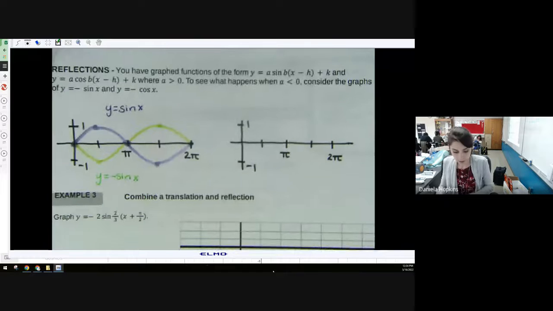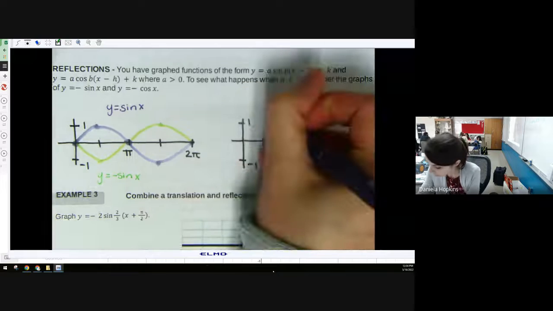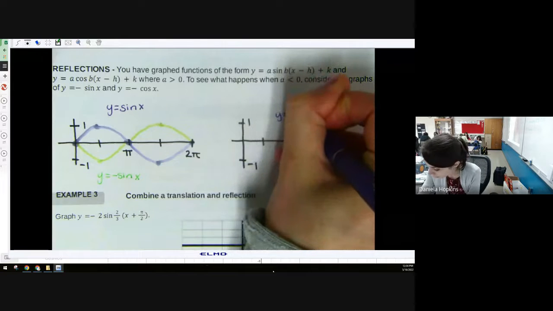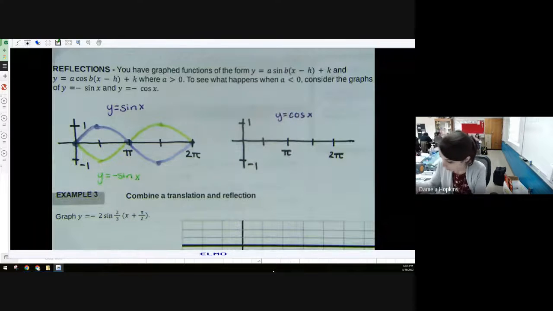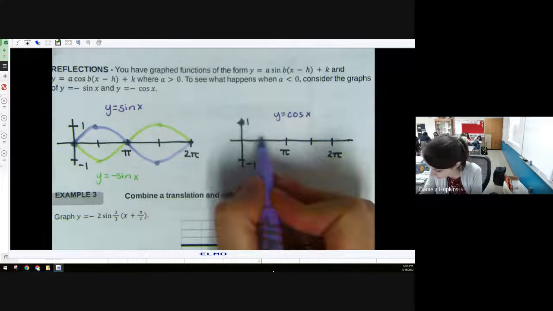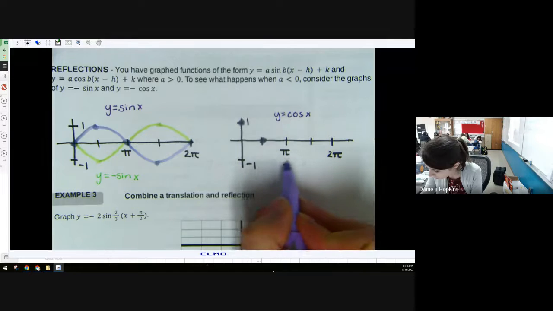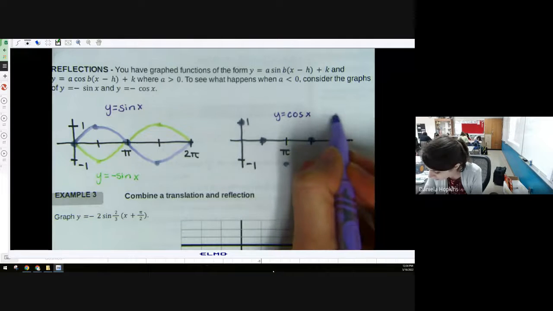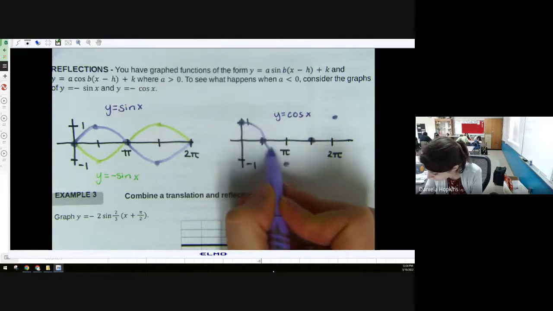So that would be your sine, and your cosine is going to look the same, but if you shift this over, so y equals cosine of x starts up at your amplitude, and then goes down there, to there, to there, to there. That's one full period.